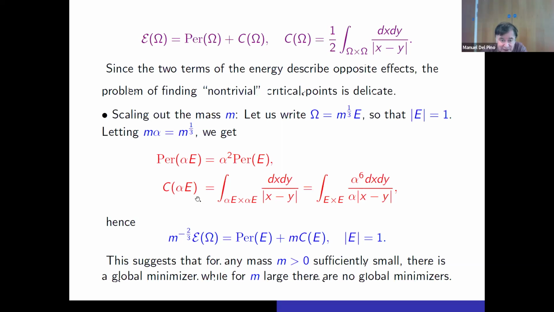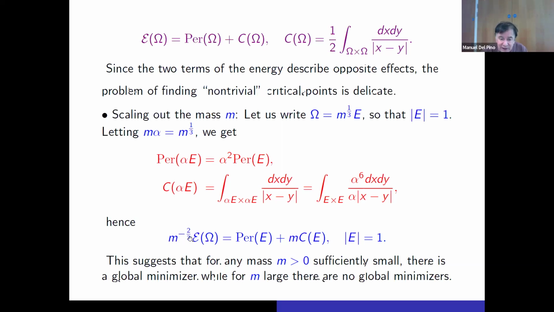This implies that we get the following thing. For the perimeter, there is alpha squared coming out. And for the Coulombian interaction, there is an alpha to power 5 coming out. So there is a discrepancy of 3 powers of alpha between what comes here and what comes here.